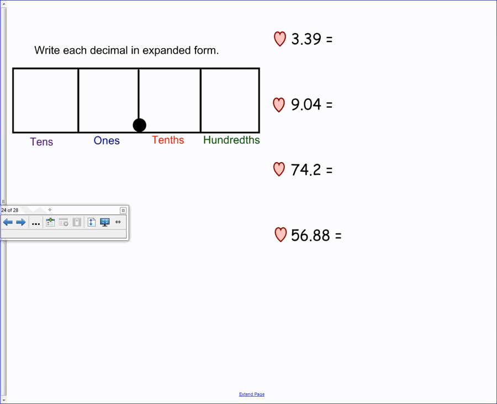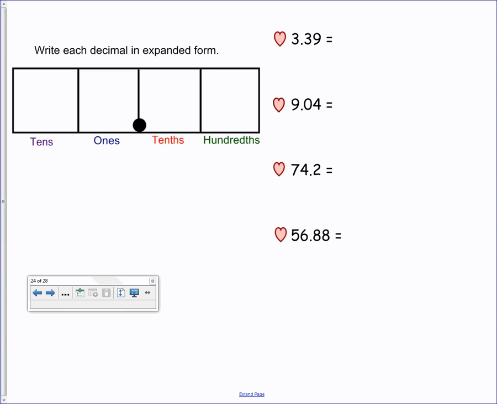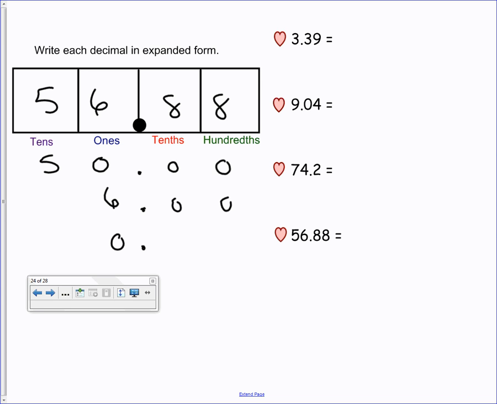Write each decimal in expanded form. I'm just going to do 1. I'm going to pick this last one, actually. So 56 and 88 hundredths. That'd be like saying 50 plus 6 plus 80 plus, I'll put my decimal here, 8.